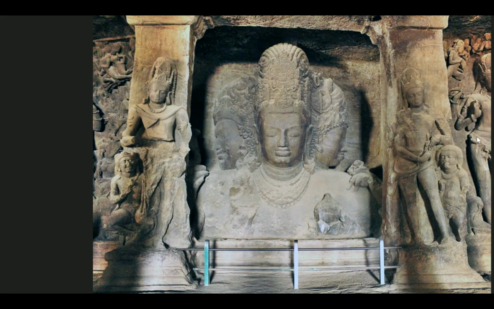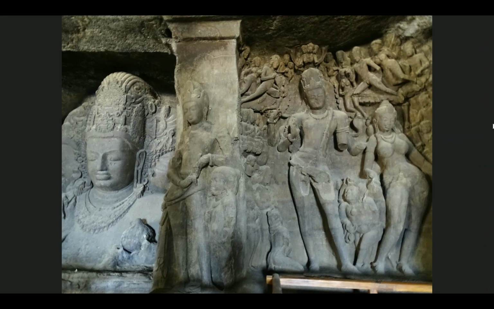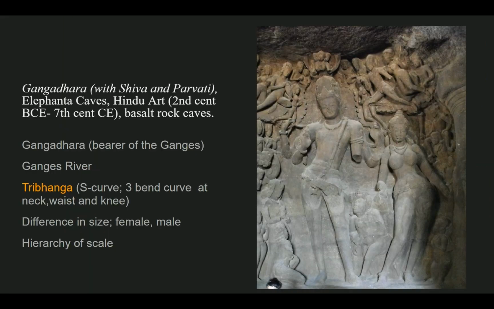So we're going to look to the right of this relief for a moment and talk about our Gangadhara with Shiva and Parvati. In this cycle of reincarnation, we need to consider, again, this masculine and feminine energy, and that the two are always drawn toward one another for balance.